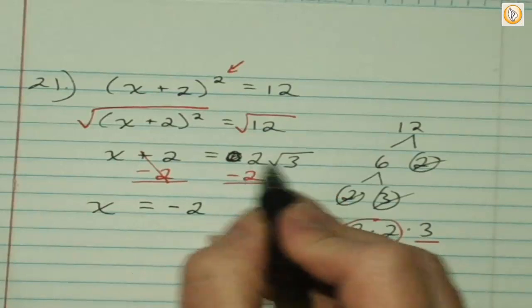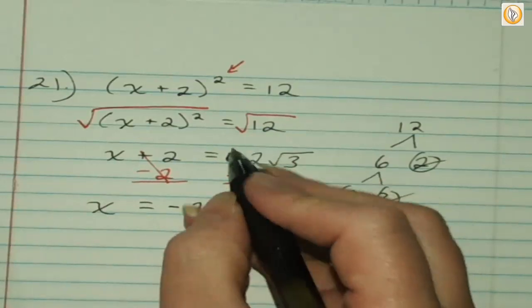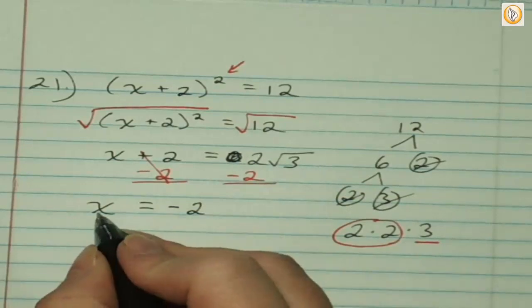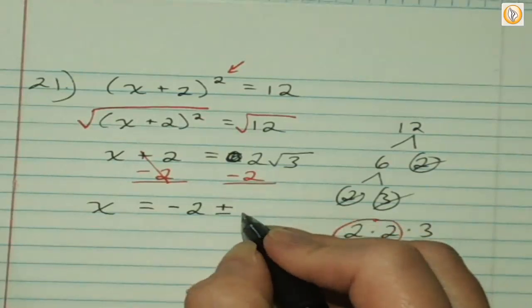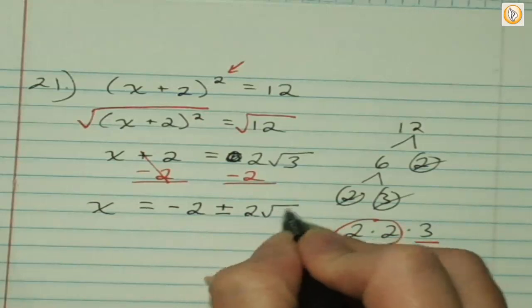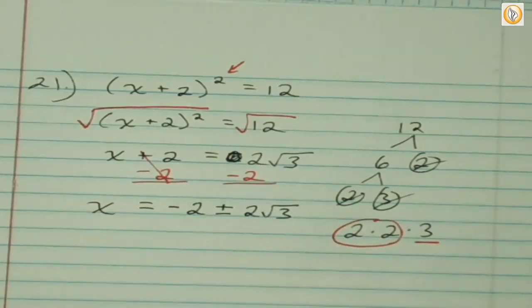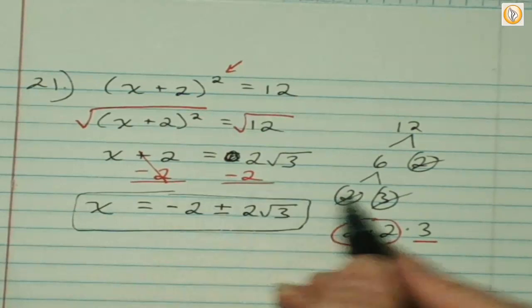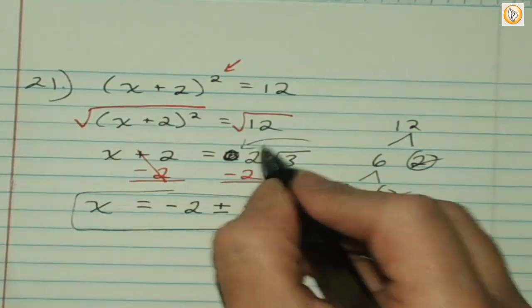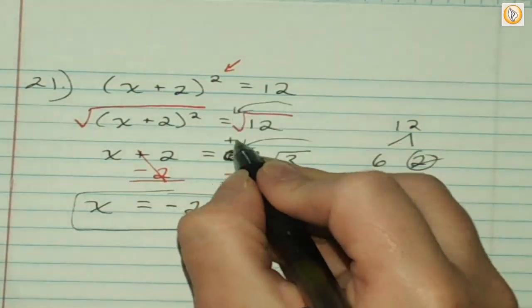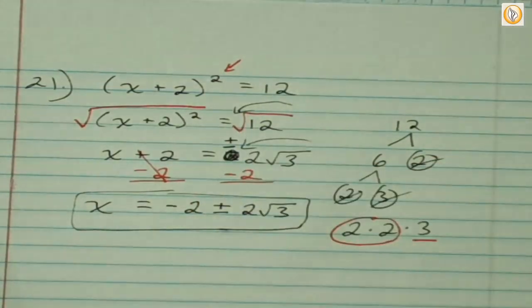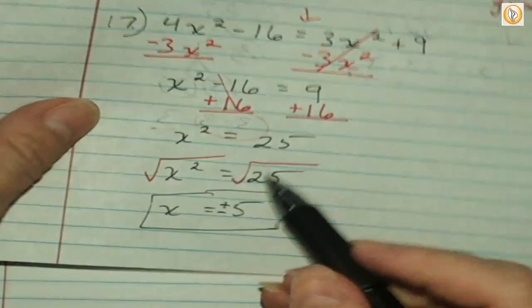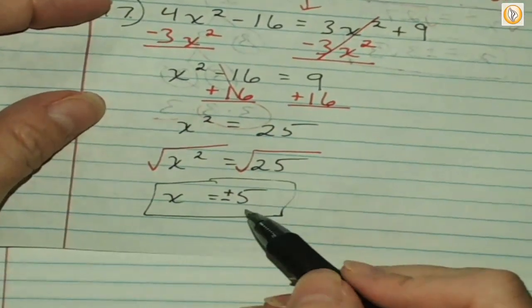Now, because of the way this was done, remember what we're doing here, we're isolating the variable. This would be plus or minus 2 times square root of 3. Why plus or minus? Because of right here. I'm going to put that back in there. When we square rooted this, look what it became.